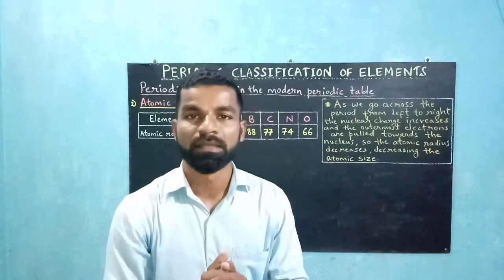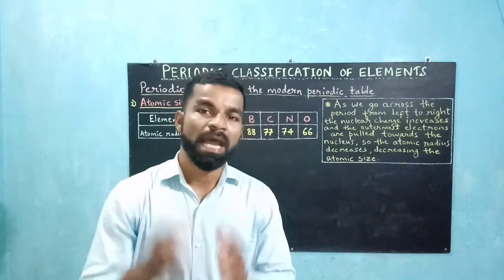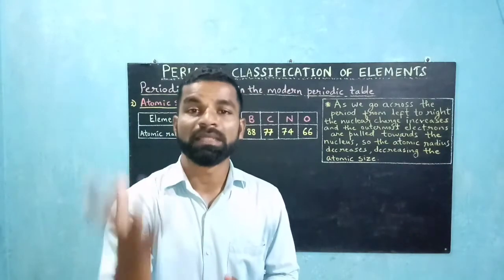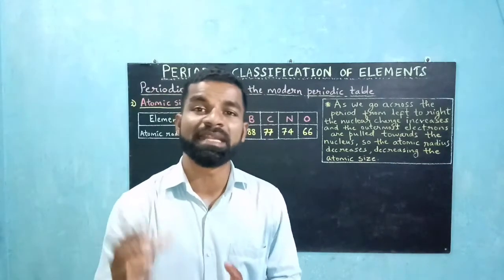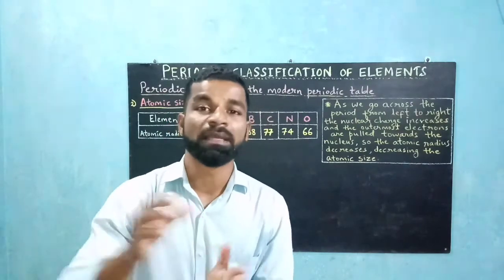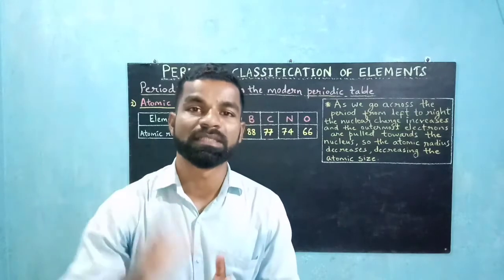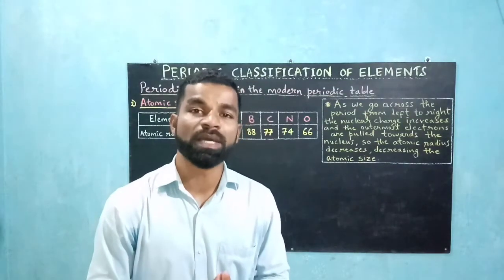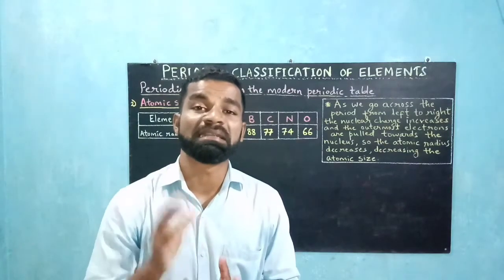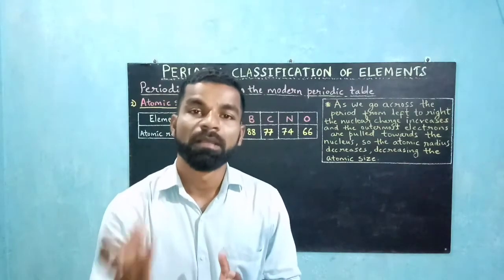What is the reason? The reason is very simple. I had explained in the chapter gravitation about the Earth and the apple. The apple accelerates towards the Earth. The forces are equal and opposite, but the Earth does not accelerate towards the apple. The same thing happens over here. The electron is 1800 times lighter than the proton.